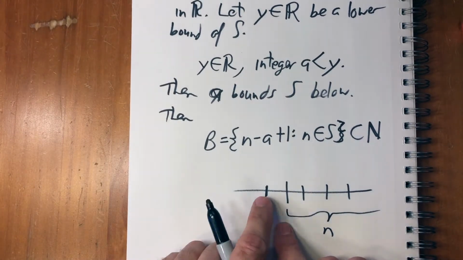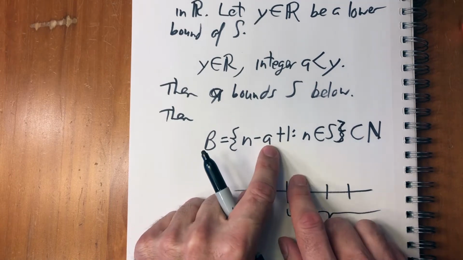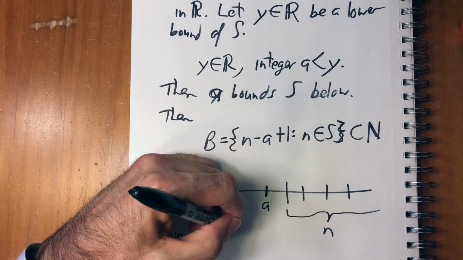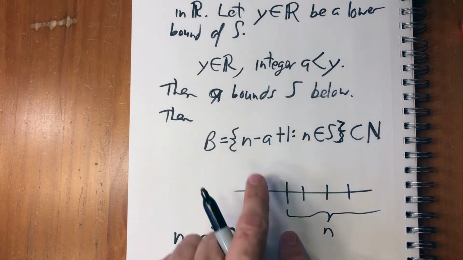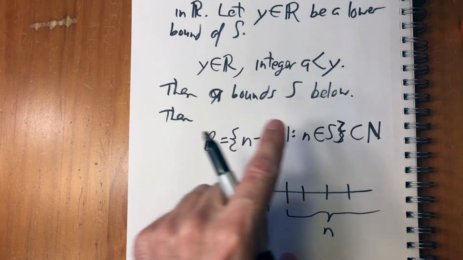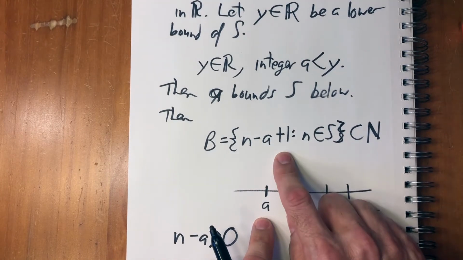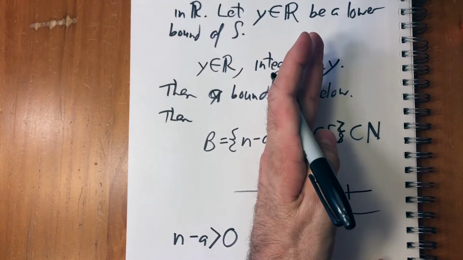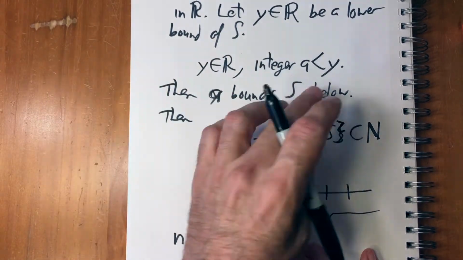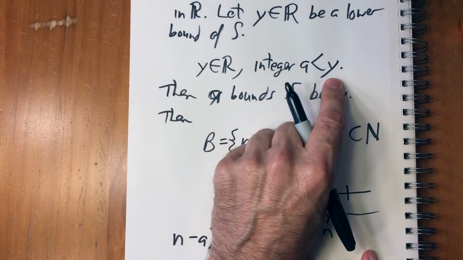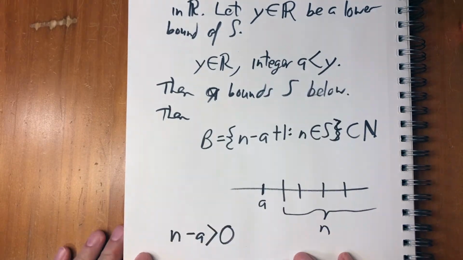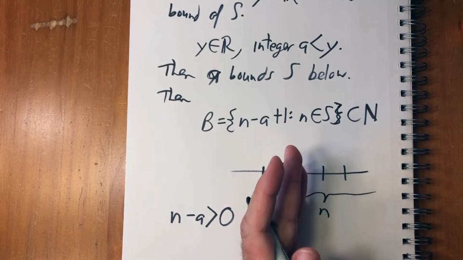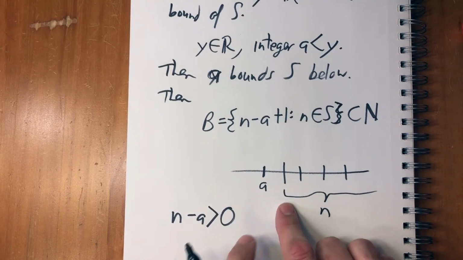If we subtract A from n, n minus A is going to be greater than 0, because any n is bigger than A, since A is a lower bound of S. Not only that, it's actually outside of S, right? A is not going to be in S because Y is a lower bound and A is strictly less than that. So A is less than any element in S, and n minus A is going to be greater than 0.